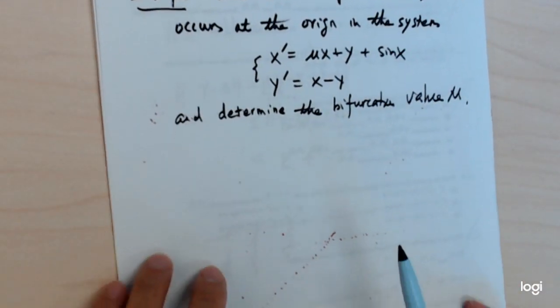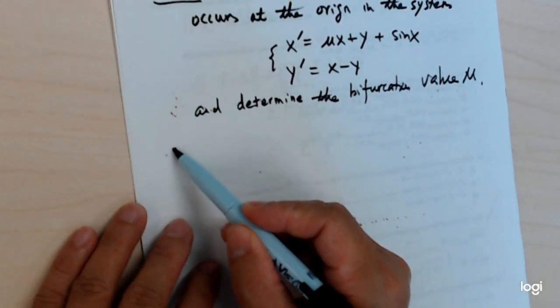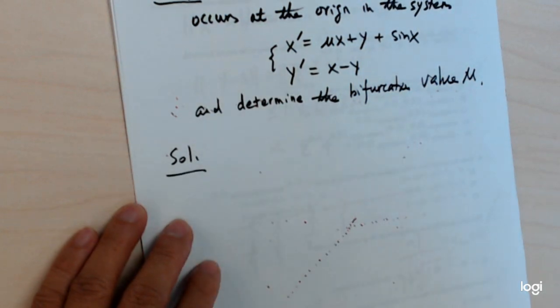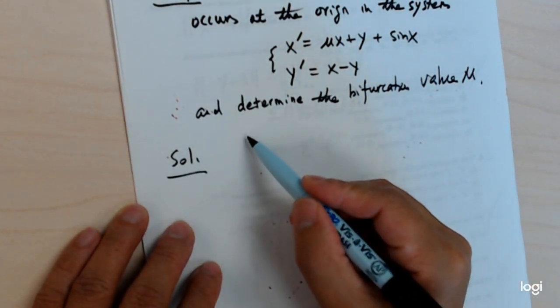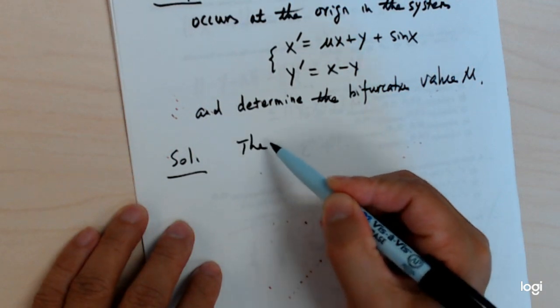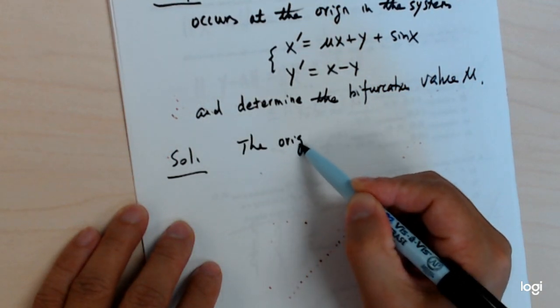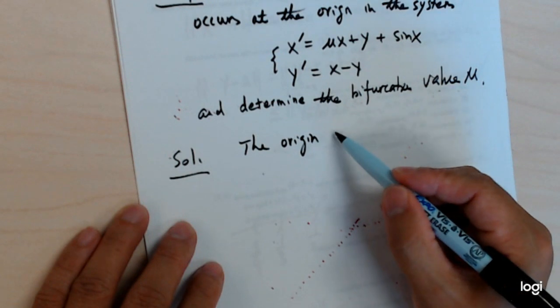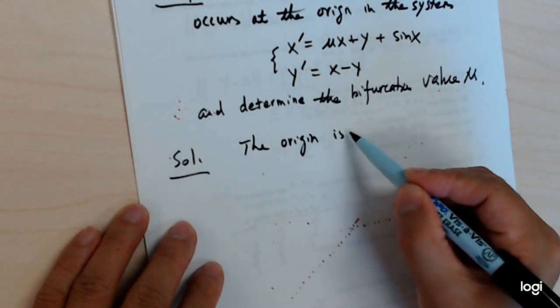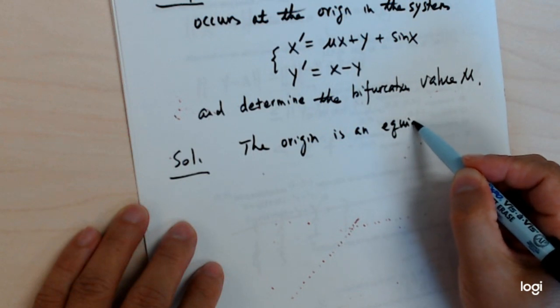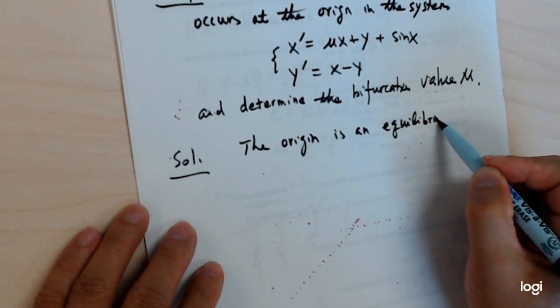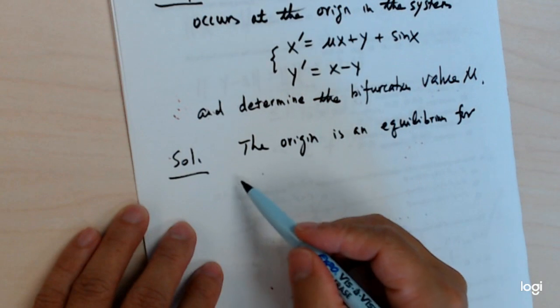Let's see what happened to the equilibrium at the origin. And hopefully we can guess a bifurcation value and then confirm it. So this is true for all mu.